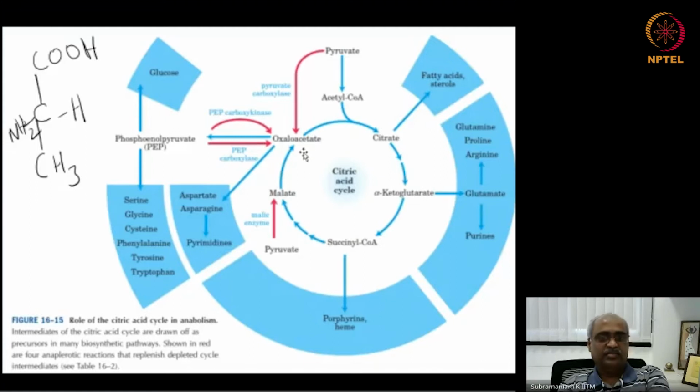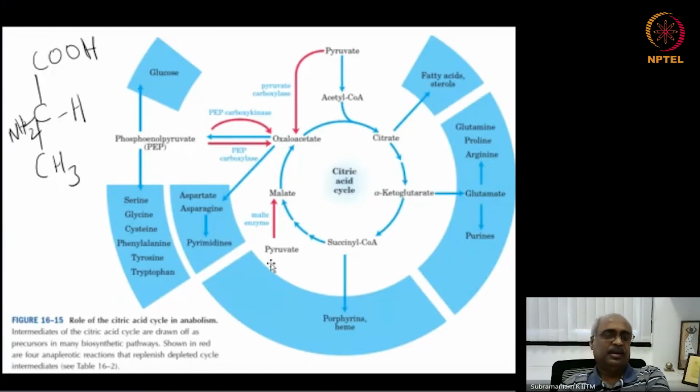So you can have pyruvate coming from multiple sources, the main one being glucose via glycolysis. Another one, transamination of alanine, gives you pyruvate in the reverse reaction as what I drew here, and you get oxaloacetate. And similarly, oxaloacetate can be made from phosphoenol pyruvate as well by the action of PEP carboxykinase or PEP carboxylase.